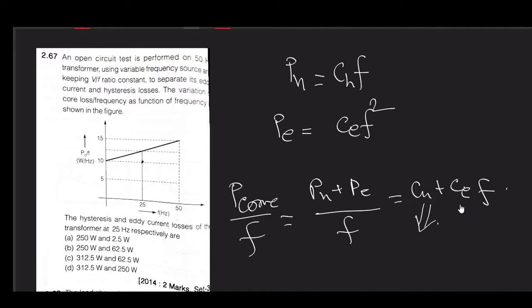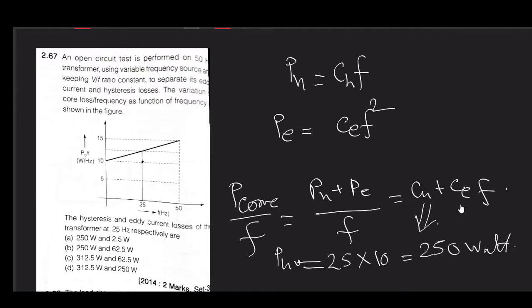So if that is 10, then what is the value of our hysteresis loss at F equal to 25 Hz? Hysteresis loss will be 25 into 10, because CH is equal to 10. It is clearly evident from this figure. This is our CH, equal to 10, so it is 250 watt.